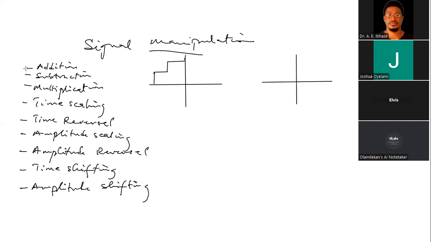And then let's say we have another signal that comes all the way, say from this point. Comes this way. Then it goes this way, and it's not straight.